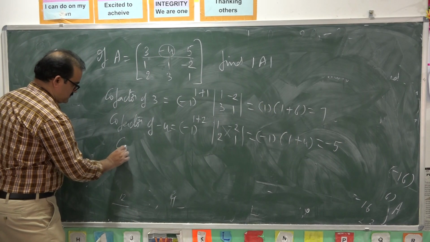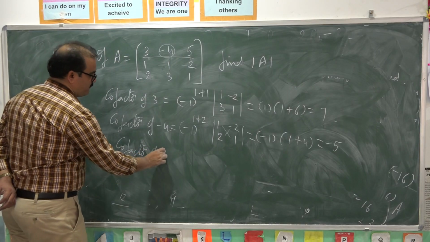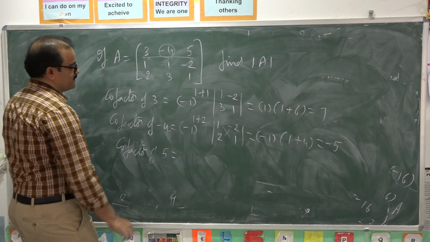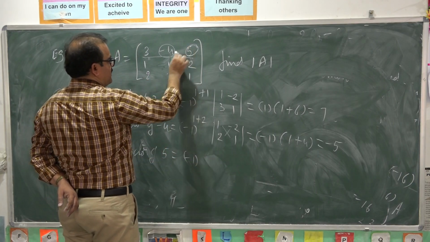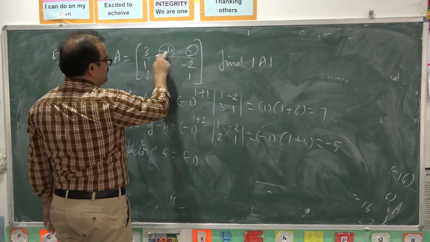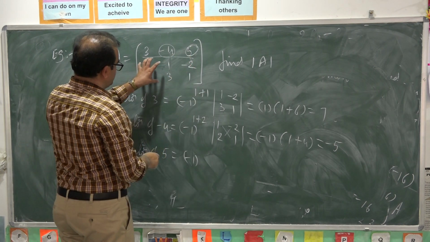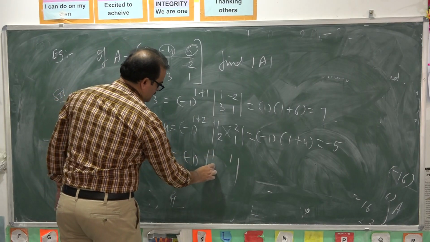Next, cofactor of 5, minus 1 to the power of, where this 5 lies? It lies in first row, third column. You delete first row and third column, you get this 2 by 2 matrix. 1, 1, 2, 3.